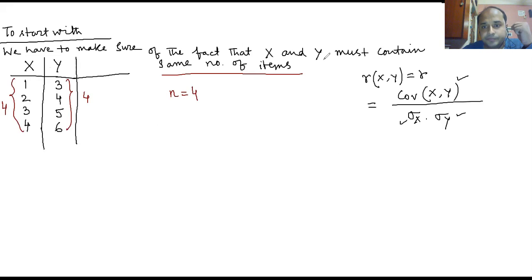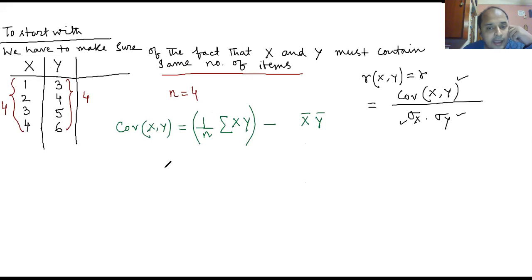Now the covariance of XY is given by the following formula: 1 by n summation of capital X Y minus X bar and Y bar. What does this mean? We take the two items together, capital X and capital Y, and take their product, and then we take the sum of these quantities.